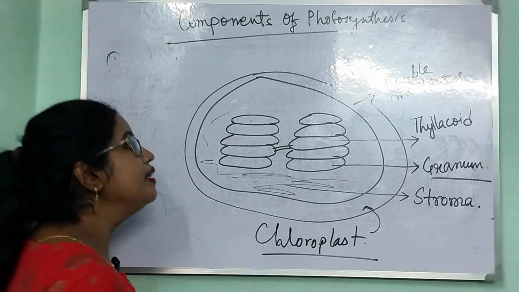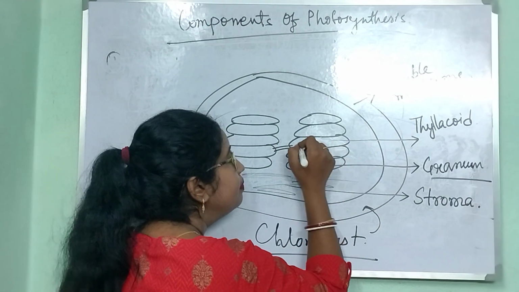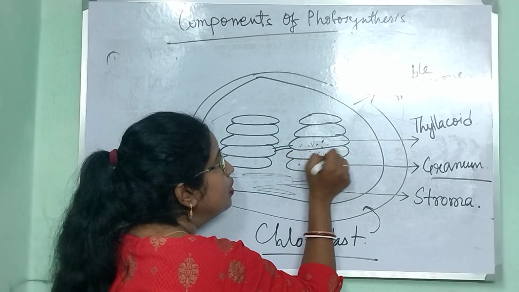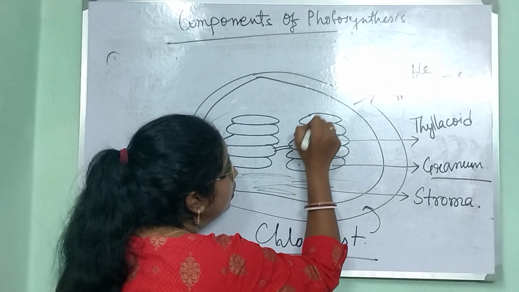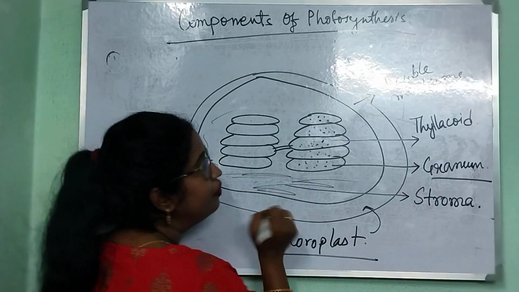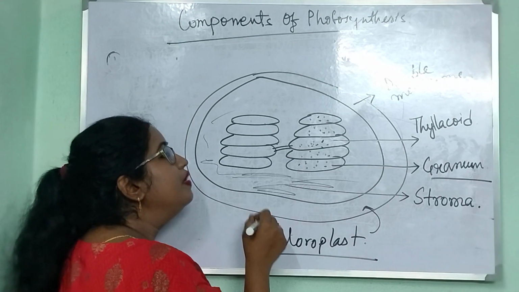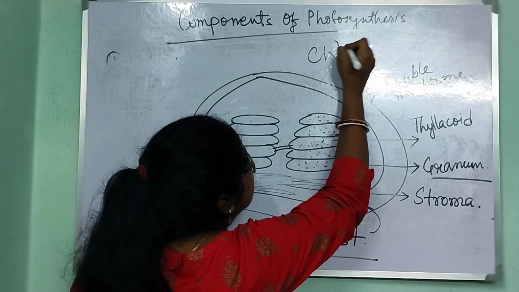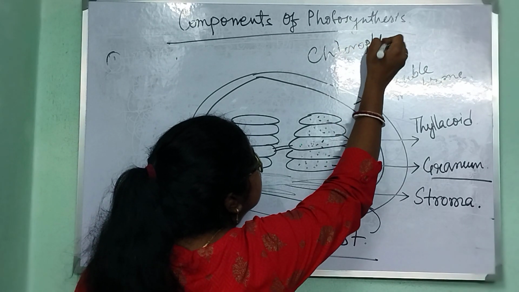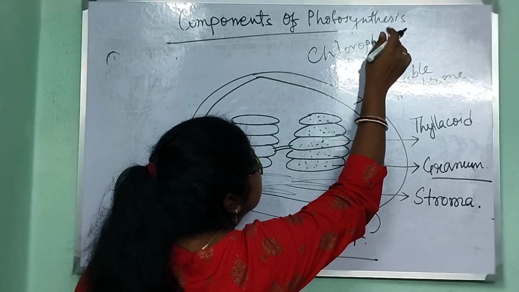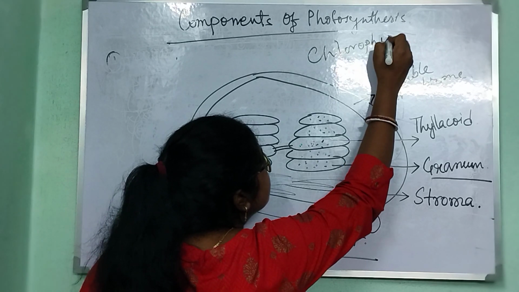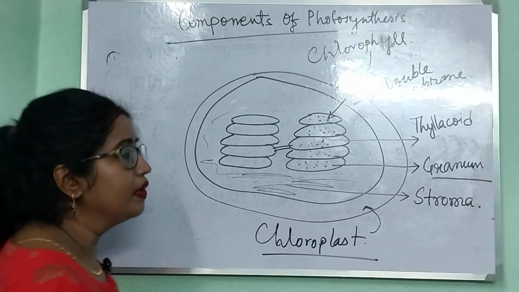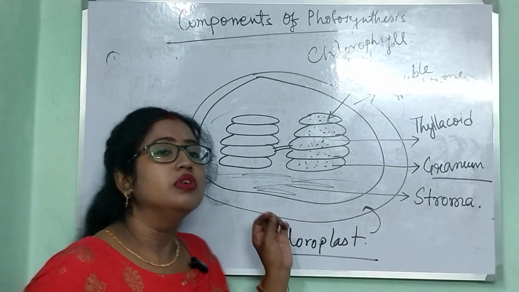Chlorophyll is present in between these thylakoid stacks. So the location of chlorophyll is in the thylakoid.